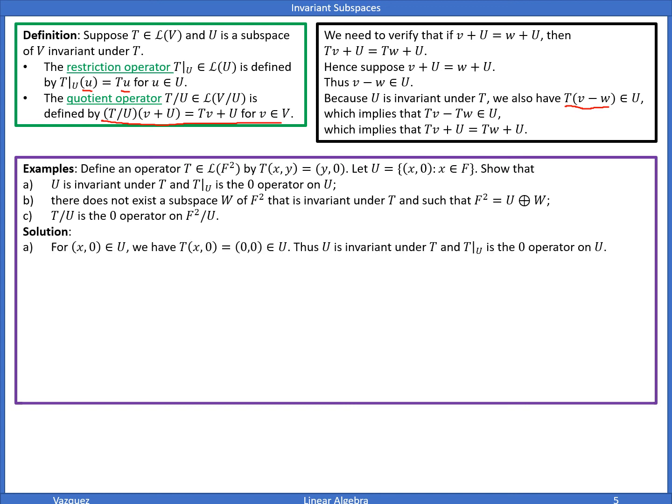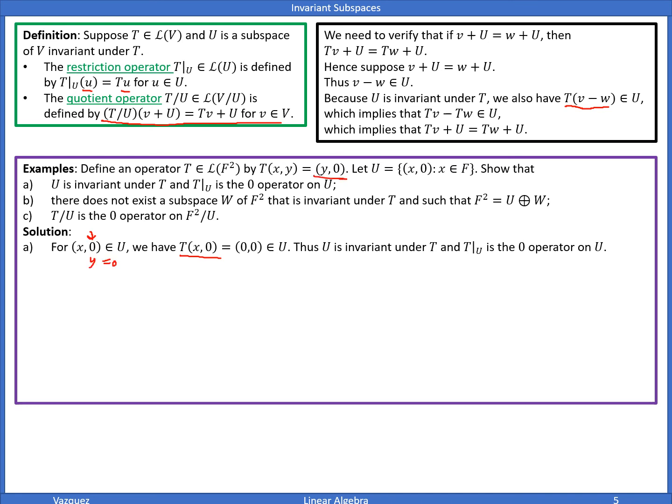So again, that's just how we're defining the elements of U. For x comma 0 in U, we have, by our linear map, that T(x,0) is equal to 0 comma 0. Right? Why is that the case? Well, because this is y. Y is equal to 0.